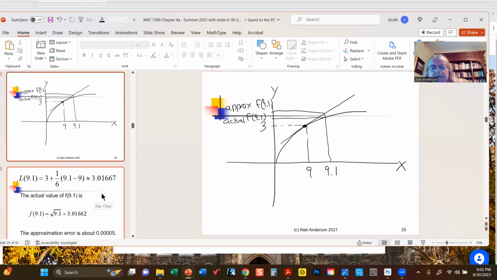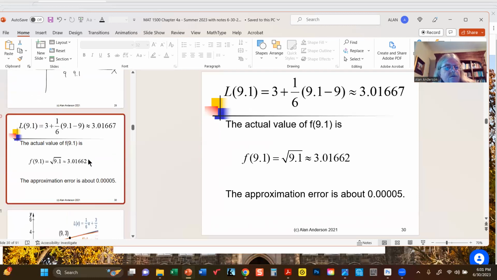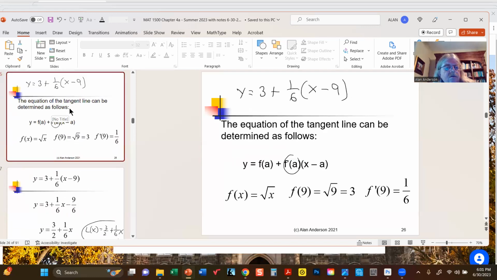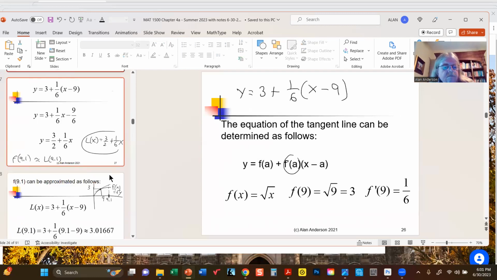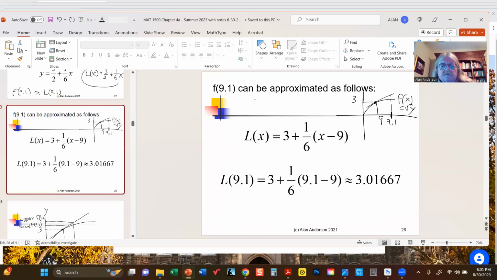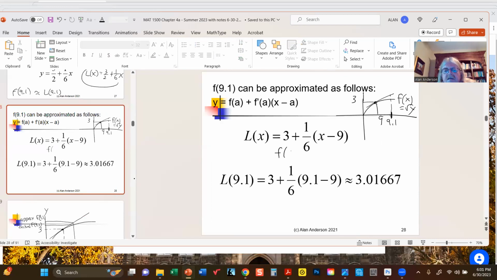So when you plug in these numbers, okay, so remember this formula equals, here it is. So here's f of 9.